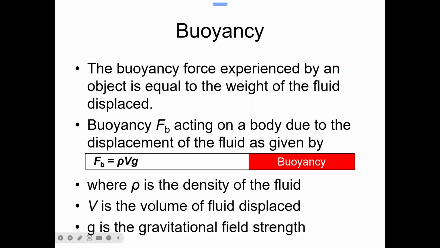Can you read the volume for me? 450. Count carefully, a bit less, because we have to read the bottom of the meniscus, right? Let me add a bit more water. Go get me some more water. Okay, so let's do an experiment and see how much buoyancy those things experience here.